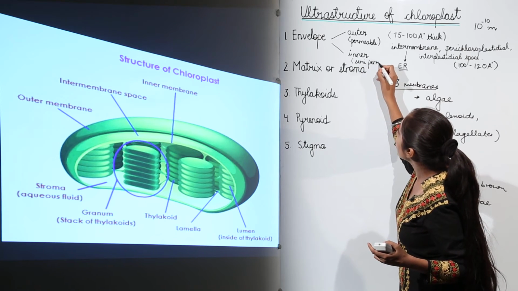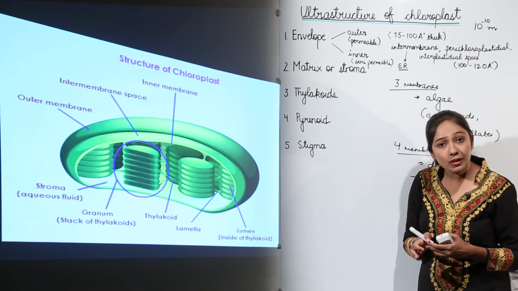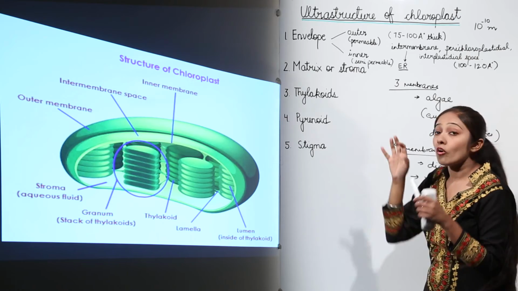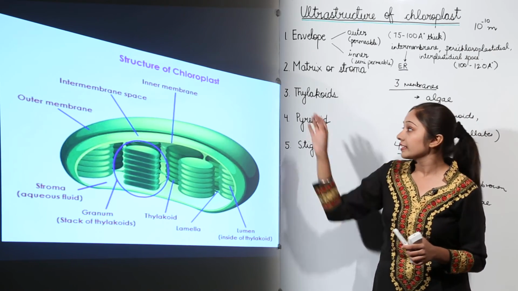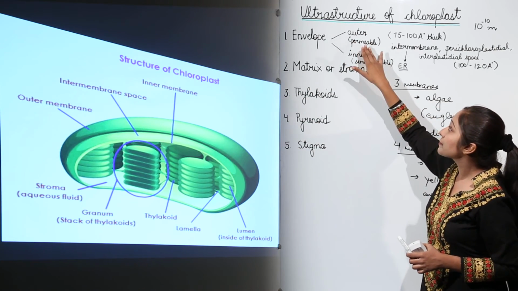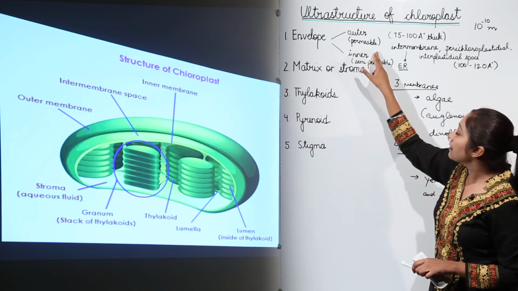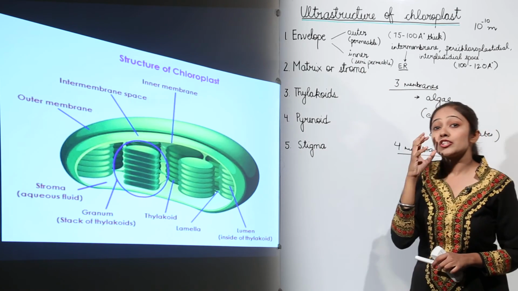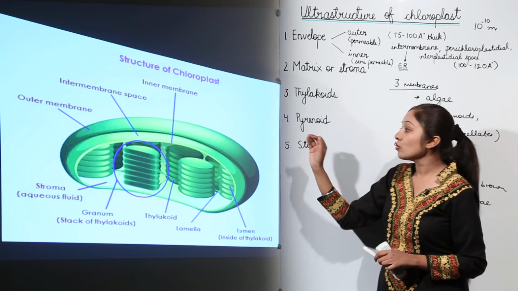When I say it is semi-permeable, it means it is only going to allow some selected materials to go inside this structure, this chloroplast. So, the outer membrane is permeable, it allows everything to pass through. The inner membrane is semi-permeable, it will allow only selected materials to pass through.